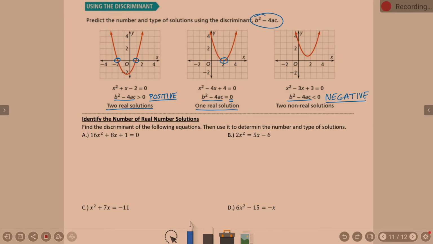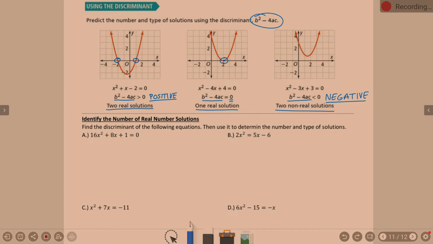Over here, when your discriminant is negative, keep in mind, my discriminant is under a square root. What happens when you take the square root of a negative number? We get imaginary solutions, right? Or non-real solutions. So when you get a negative discriminant, there are still two solutions, but they are not real solutions. They are imaginary solutions.